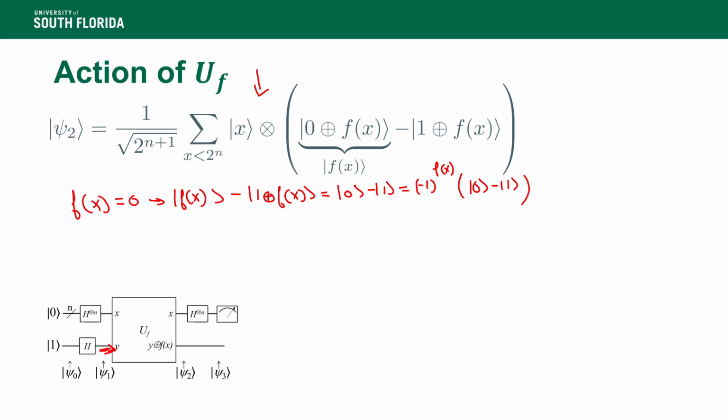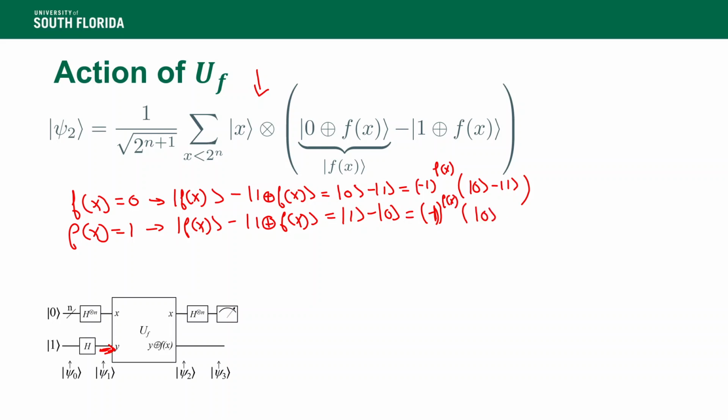And now inspecting the other case, if f of x equals 1, then the same thing: f of x minus 1 XOR f of x is going to be this time 1 minus 0, which will also be minus 1 to the f of x times 0 minus 1.